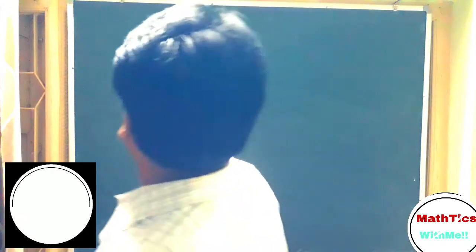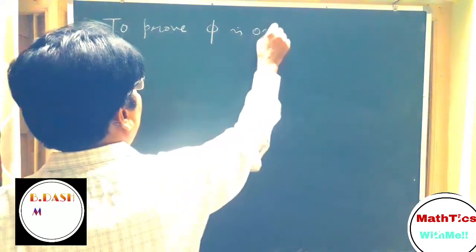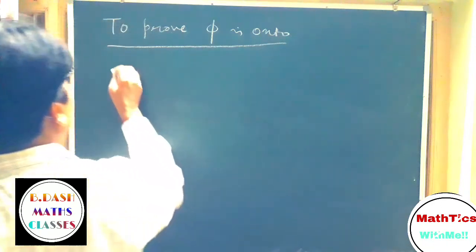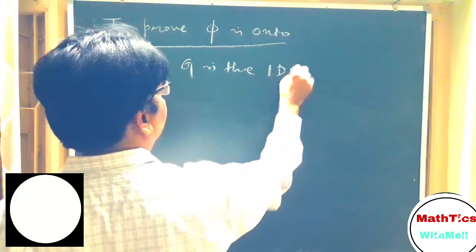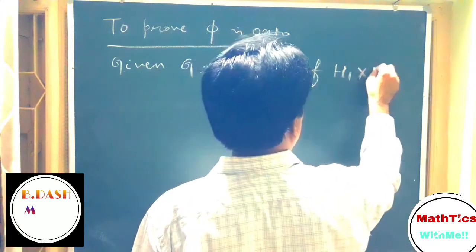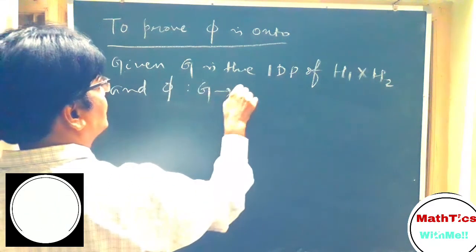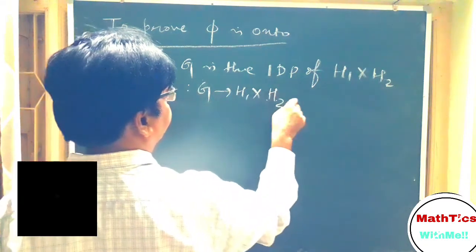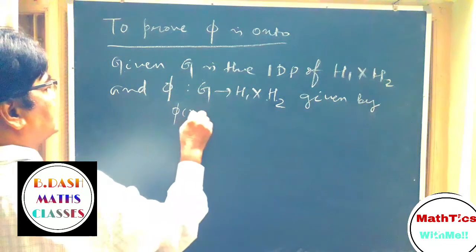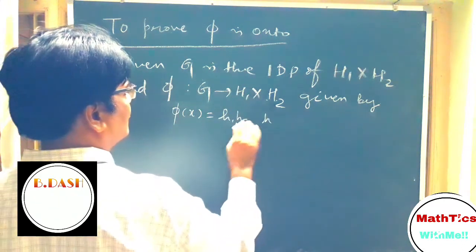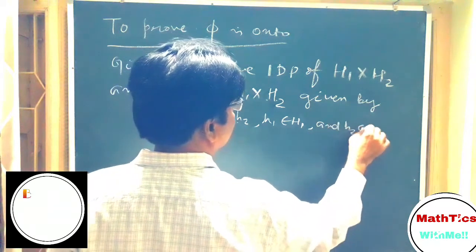Now to prove phi is onto. Given G is the internal direct product of H1 cross H2 and phi is a mapping from G to H1 cross H2 given by phi of x is equal to (h1, h2), h1 belongs to H1 and h2 belongs to H2.